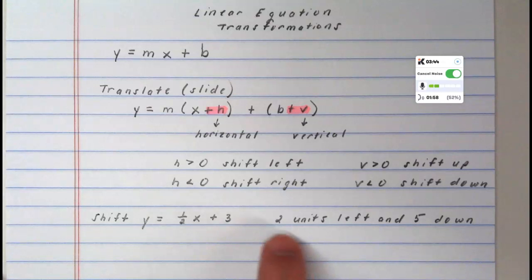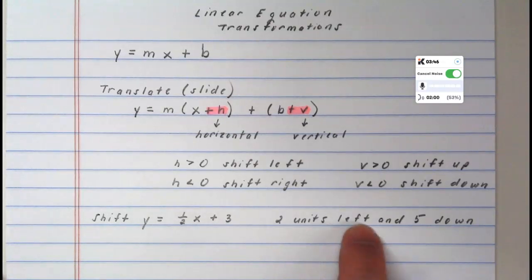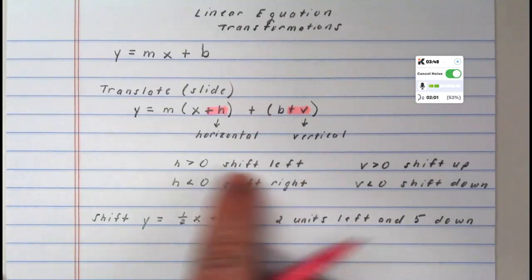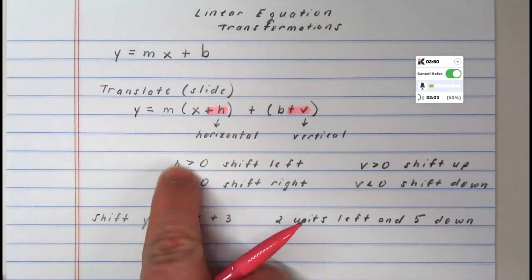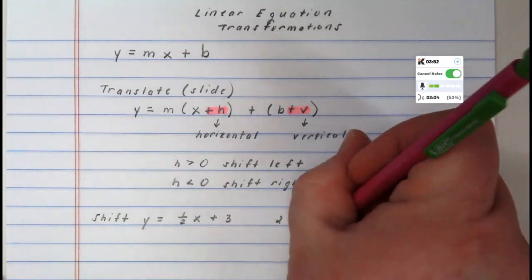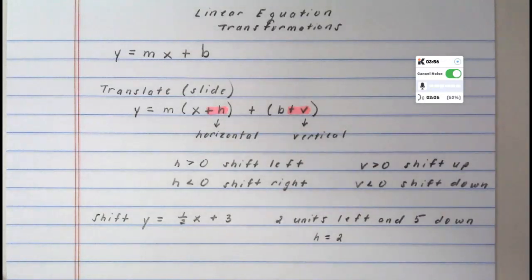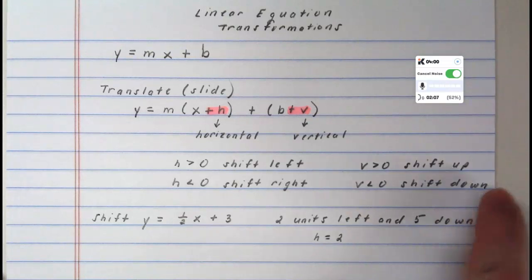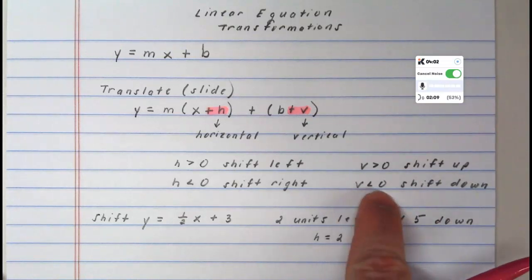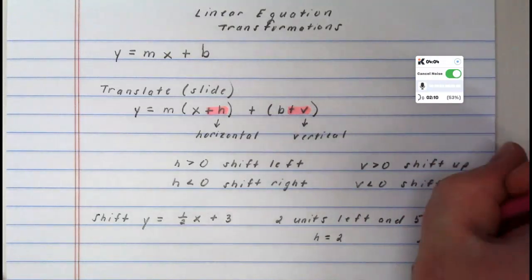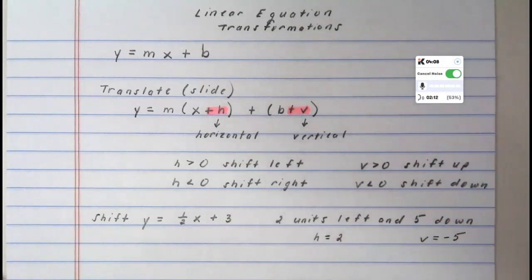Now, we need to keep in mind, if it's 2 units to the left, shift left means a positive h value. So our h value will be positive 2. 5 down, shifting down, is less than 0, so it's negative. So 5 down, the v would be negative 5.